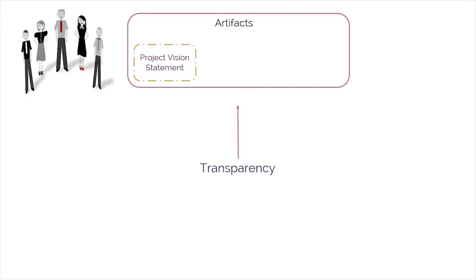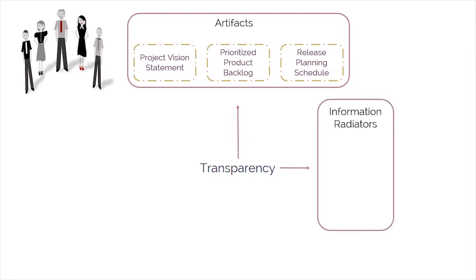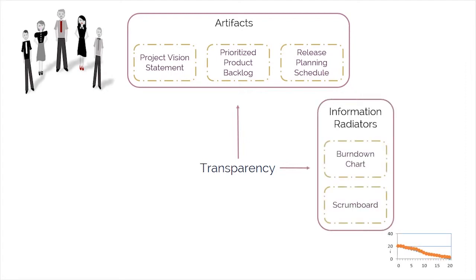The prioritized product backlog with user stories that can be viewed by everyone, both inside and outside the team. The release planning schedule, which may be coordinated across multiple Scrum teams. Information radiators, such as the Scrum board and burn-down charts, which make a team's progress clearly visible to all.